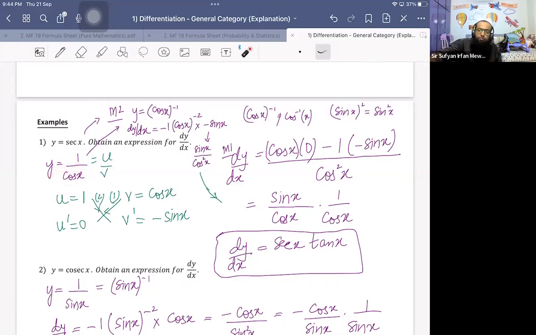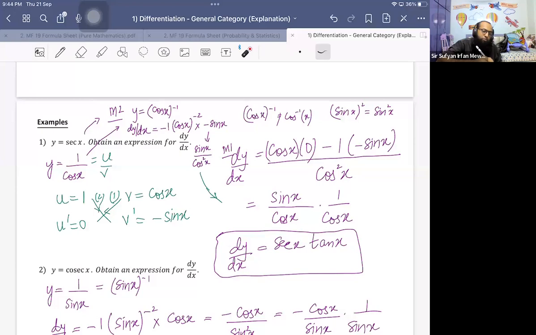So sec x, first we write sec x as 1 upon cos x. Then 1 is the u and cos x is the v. So u is 1, v is cos x. 1 differentiated gives us 0, so u prime is 0. Cos x differentiated gives us negative sine x. Right?